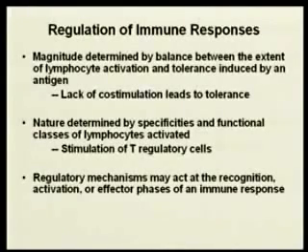You can have regulation during recognition, during activation, and during the effector phase. This typically depends on the microenvironment. So if you have more stimulatory signals than negative signals, you'll have an activation response. If you have more negative than activating, you'll get a negative response, or downregulation.